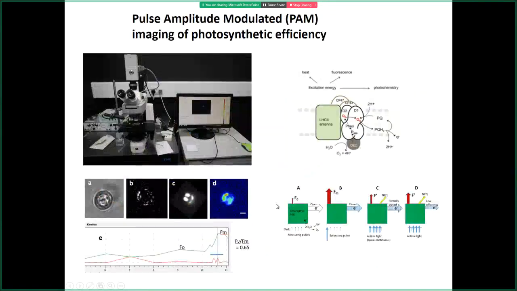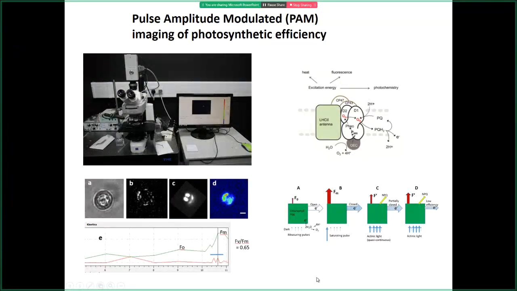Okay, another kind of microscopy that we use more routinely now is called pulse amplitude modulated microscopy. And this is a way of imaging photosynthetic efficiency in single cells or tissues of plants or algae.